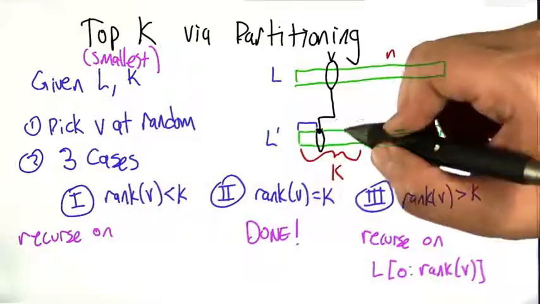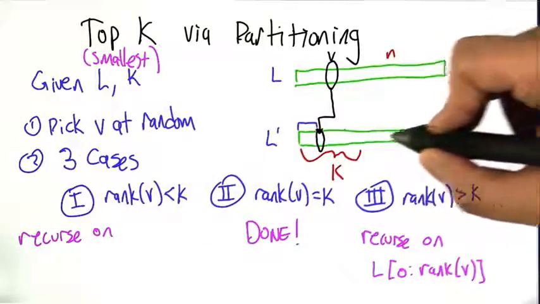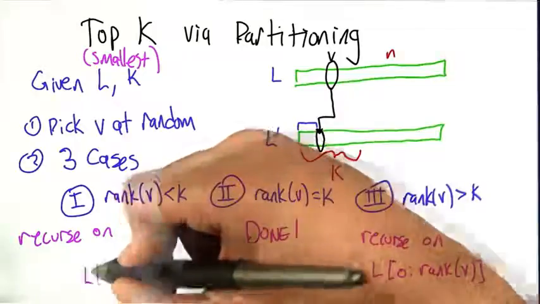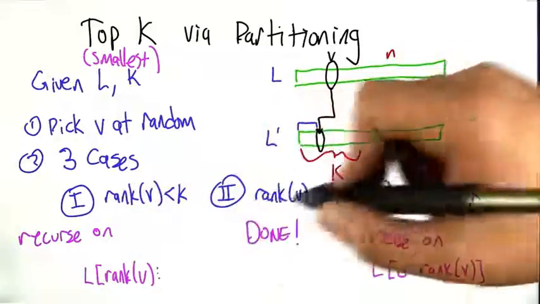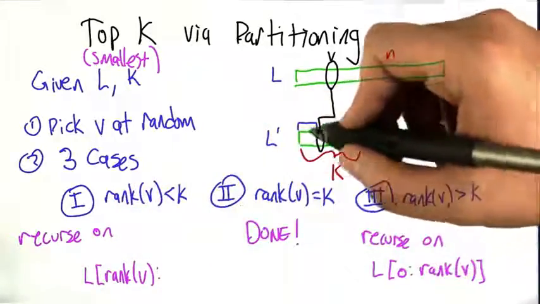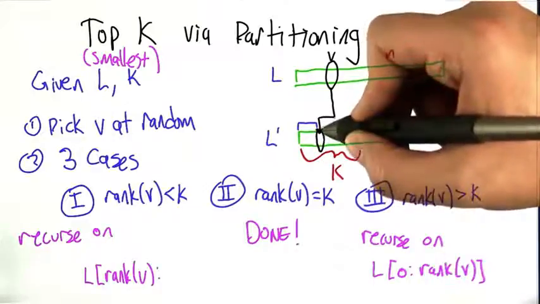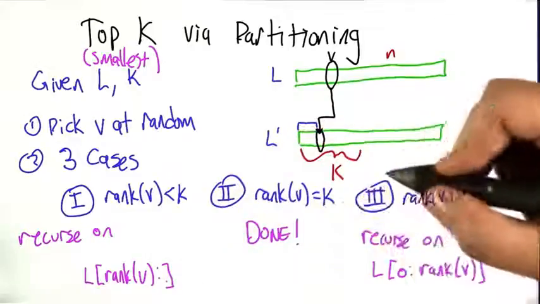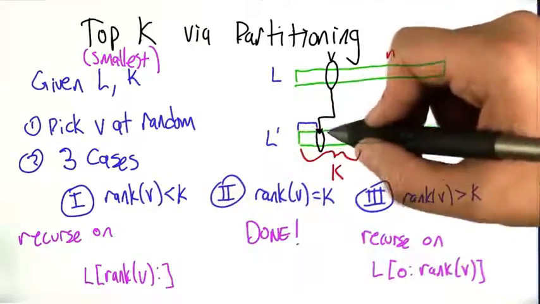Now what do we need to do? Well, this is the list that we are still unsure about, which is, and there could be some off by ones in here, but just to give you the basic idea, from the rank of v, from this position here to the end of the list is what we care about. But we don't want to find the top k of this.